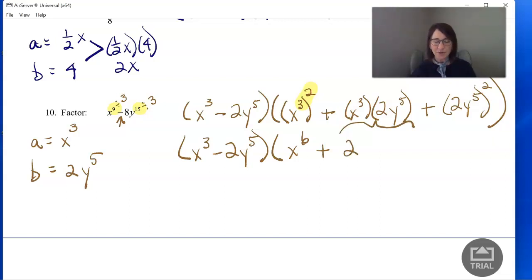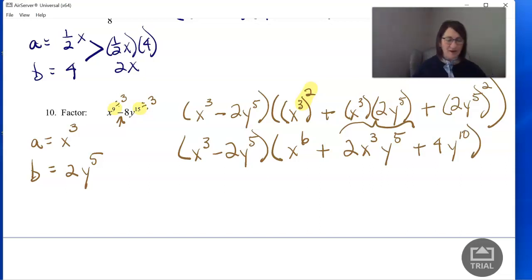I'm just going to bring the 2 out front, and then I write my variables alphabetically. That's really all I can do. Now for this last one, I take the 2 and square it to get 4. And the y to the 5th, I multiply 5 times 2 to get y to the 10th. There we go. That one is done.